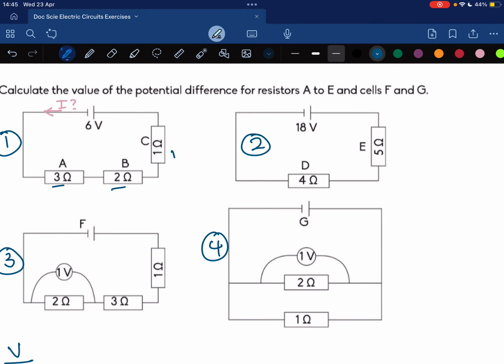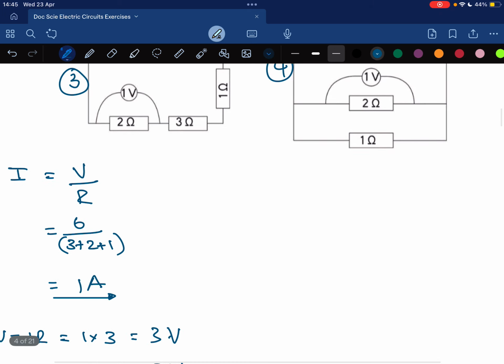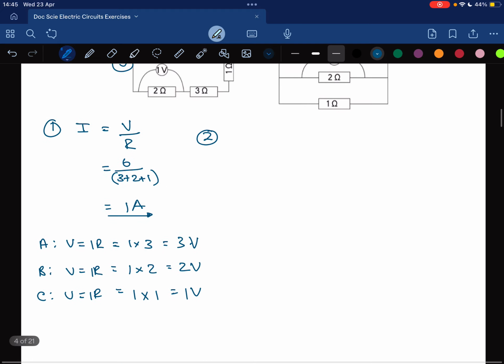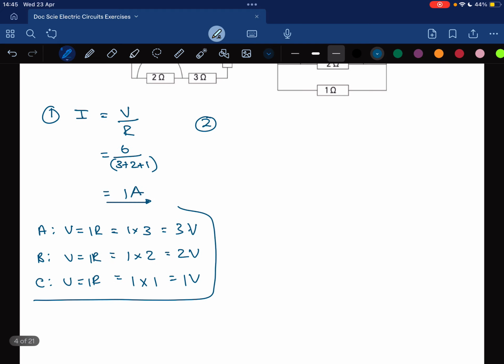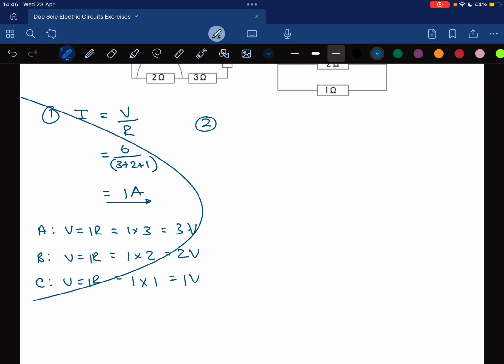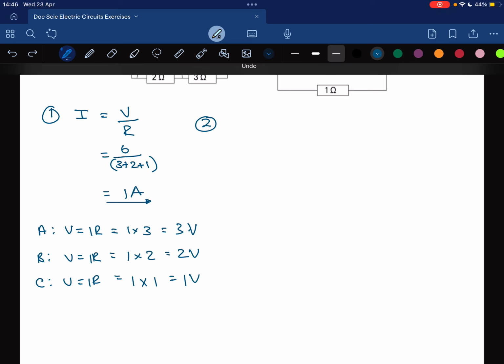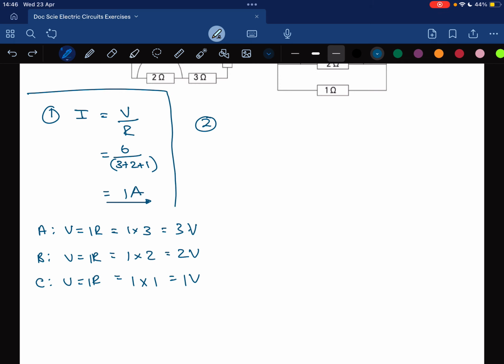Now again, we're going to need to find the total current. I'm going to use the same equation.